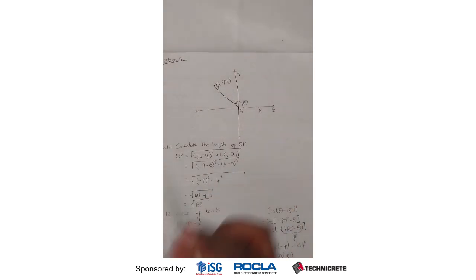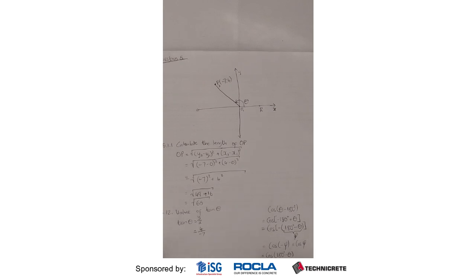And in the second quadrant, what sign does cos take? It takes a negative sign. Then it becomes negative cos of theta.